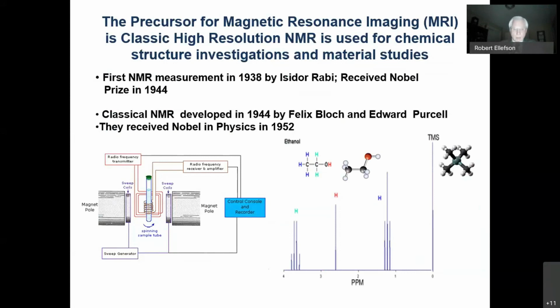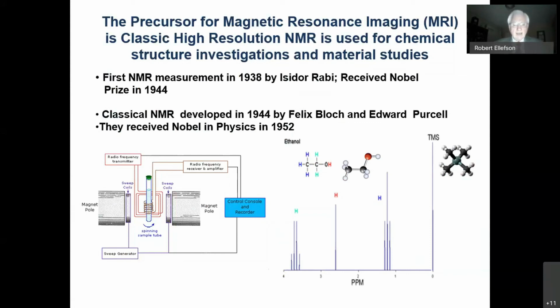He got a Nobel Prize for that unique work. But the classical NMR that we use to study chemistry and some material studies goes back to 1944 with Felix Bloch and Edward Purcell, and they too received a Nobel Prize for their work.